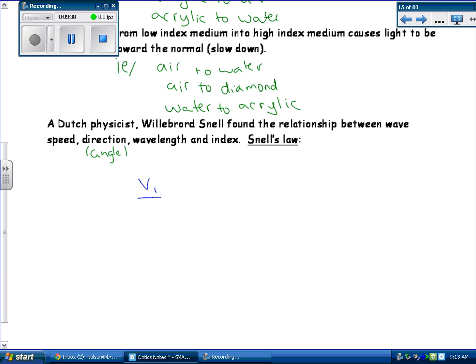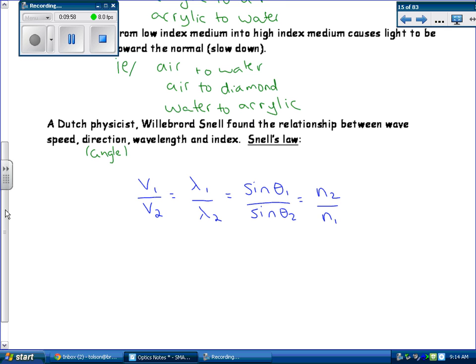It's v1 over v2 equals lambda 1 over lambda 2 equals sine theta 1 over sine theta 2 equals n2 over n1. And yes, the n's are supposed to be 2 over 1, where everything else is 1 over 2.